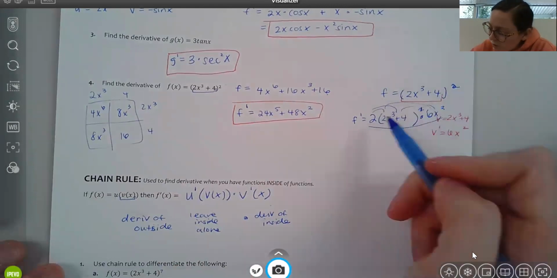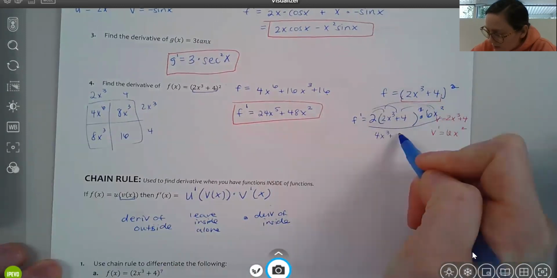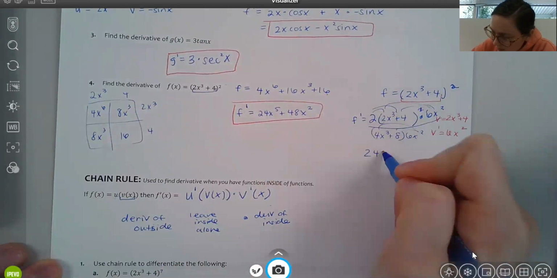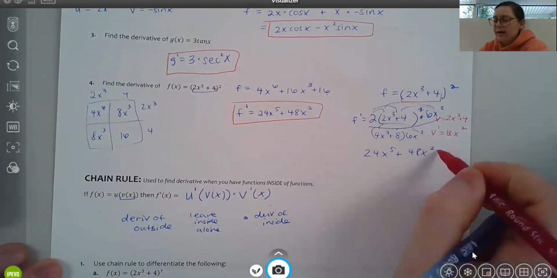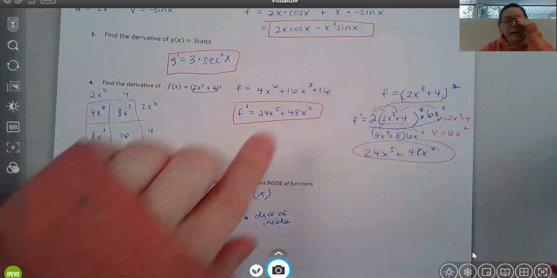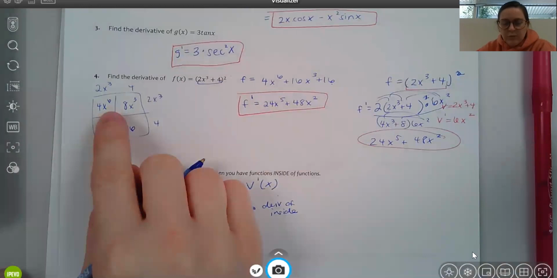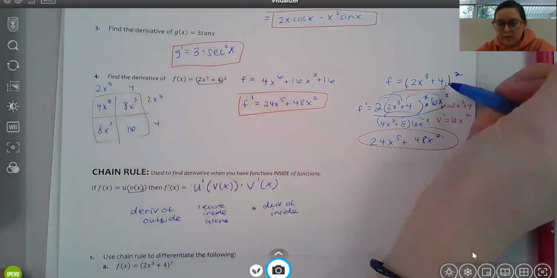The 2 distributed would be 4x cubed plus 8, and then times 6x squared. Yay, I get the same answer. Again, this is a case where it probably was easier to just multiply out and then take the derivative, but chain rule would work just as well.